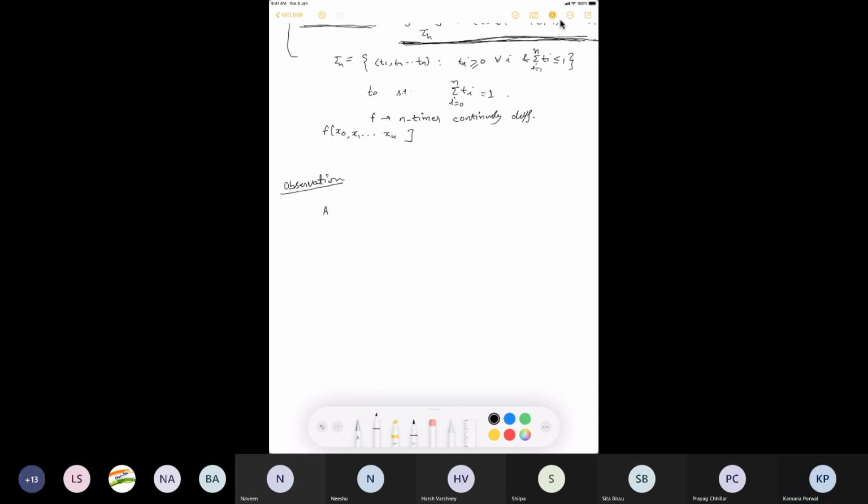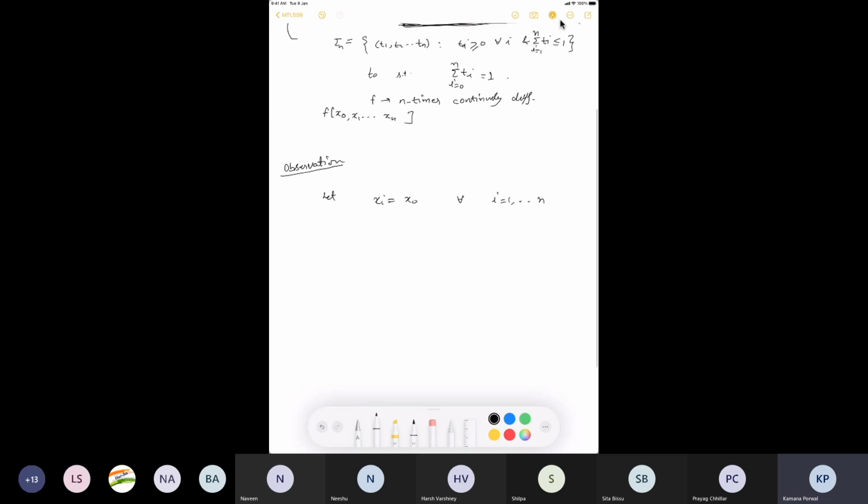Suppose we take xi equal to x naught for all i ranging from 1 to n.